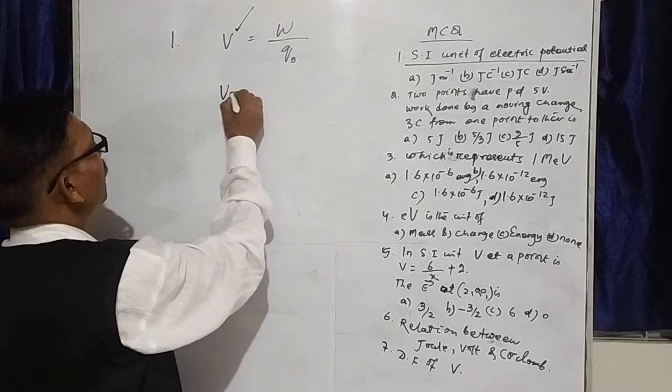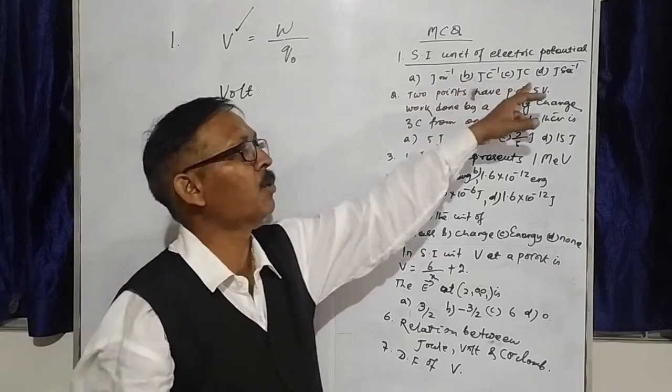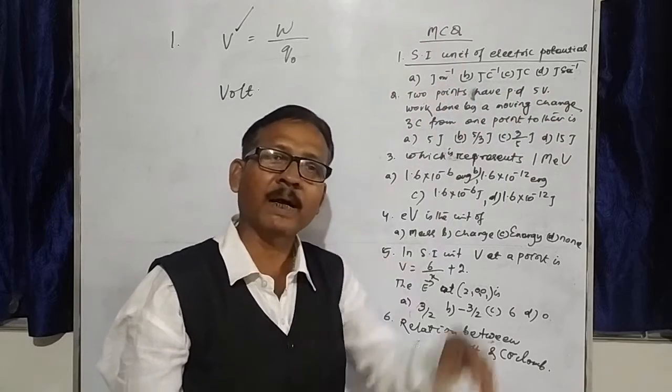Potential SI unit is volt, you know, but the option is not in volt form. So how to find it?